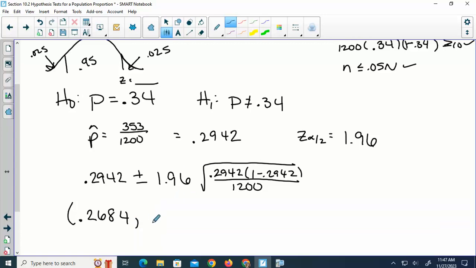Remember, this is an interval, so you do the minus 1. You should get that right.